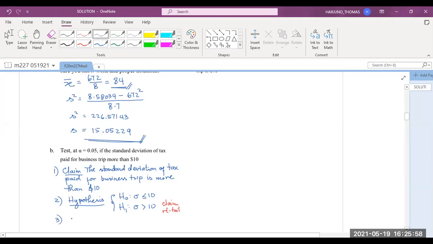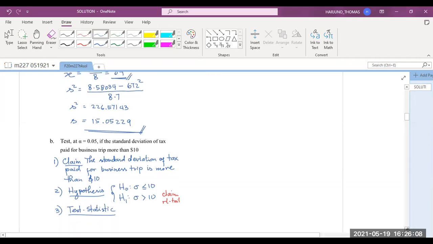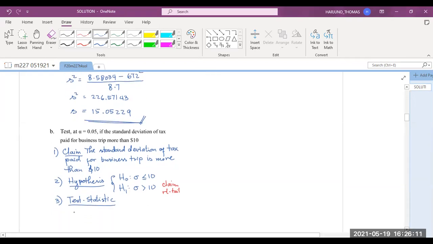Step 3, test statistic. Chi-squared equals degrees of freedom. The sample size is 8, right? So degree of freedom is 7 times sample variance, which is 226.57143. That's sample variance.